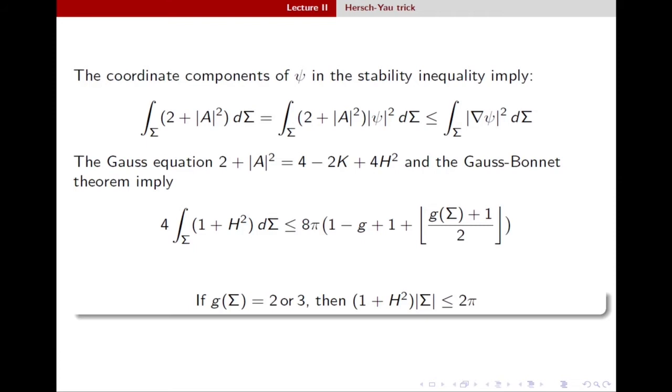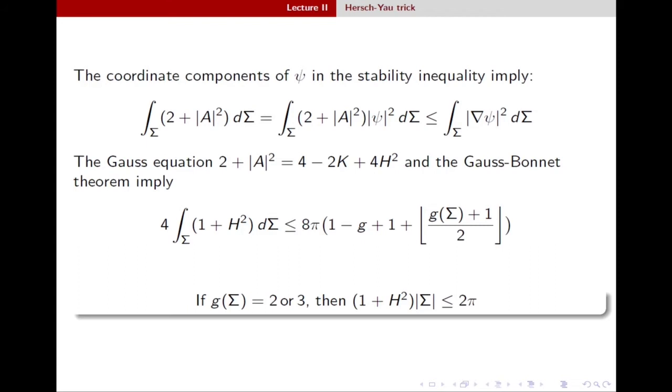Okay. Right. So now that we have the topological restriction, let's focus on the real projective space, and let's try to rule out these genus 2 and 3 situations. And the way we do that is just by exploring this Willmore estimate that appears here.